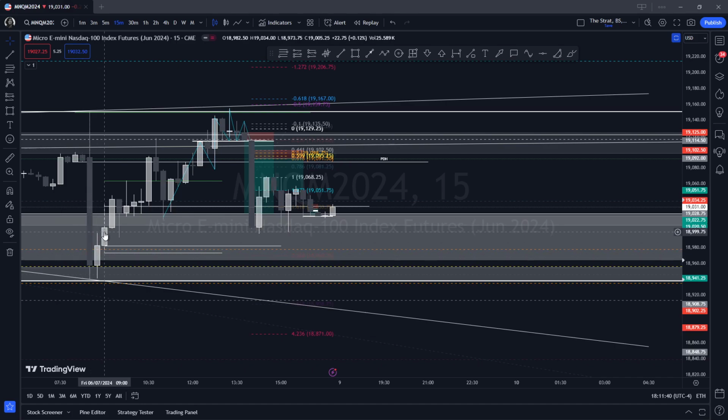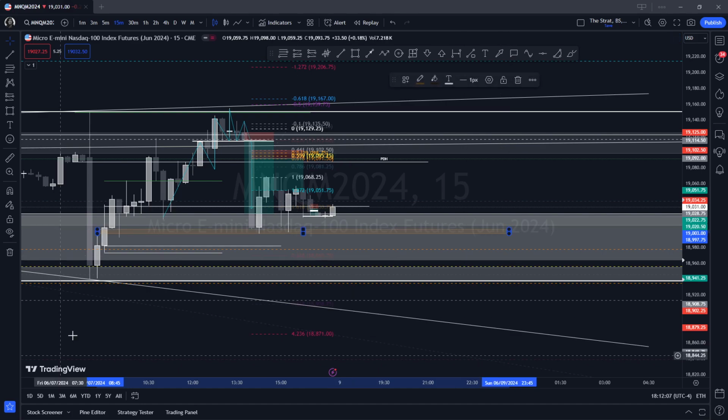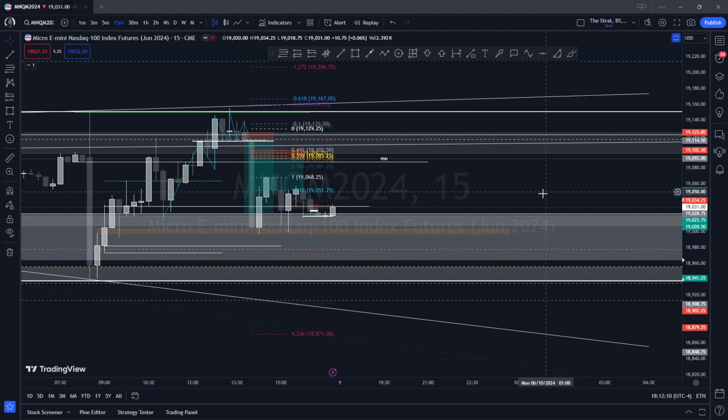If you see three consecutives like this, your order block is going to be from this wick to this wick right here. So it would be something like this.